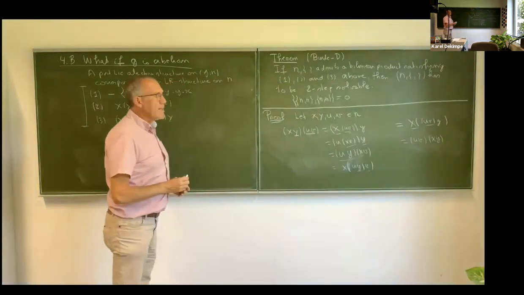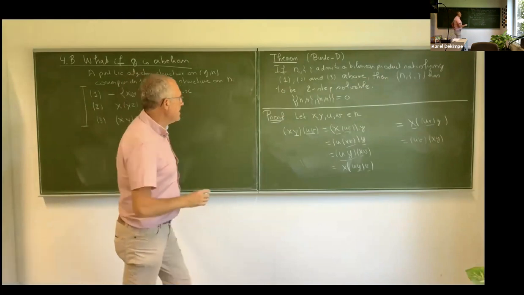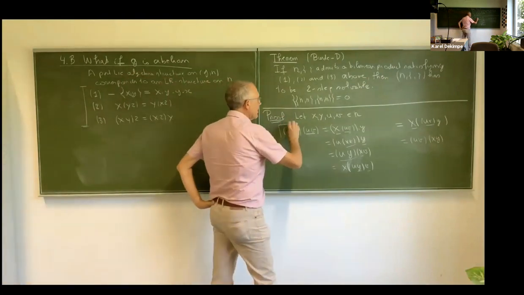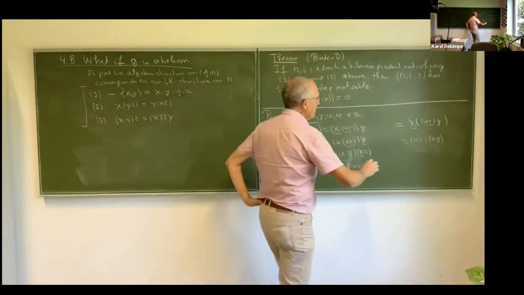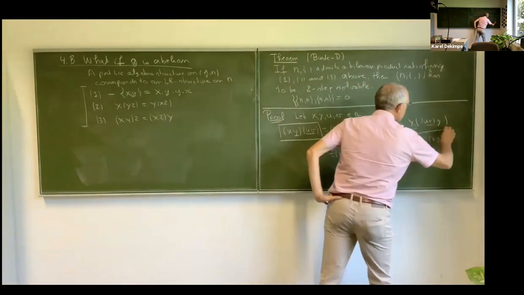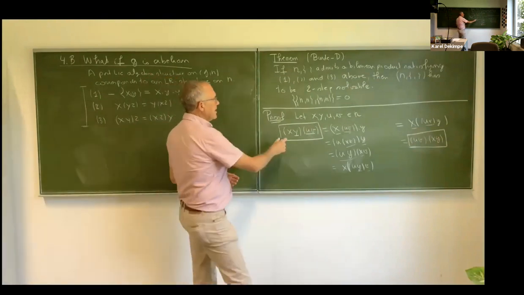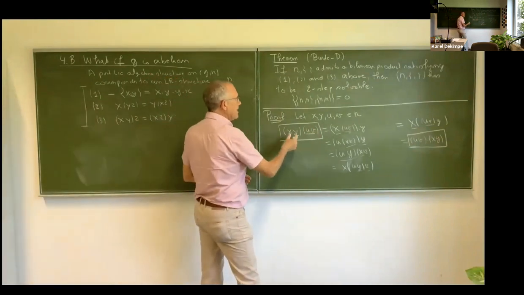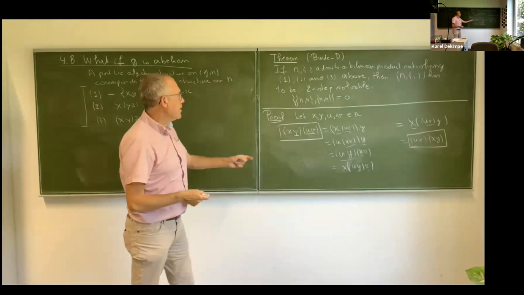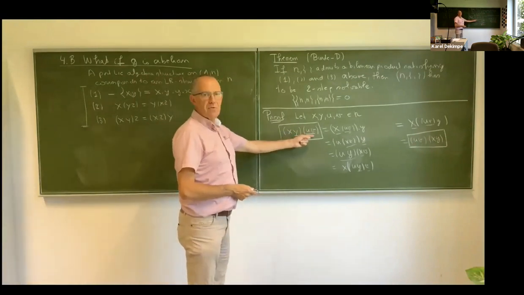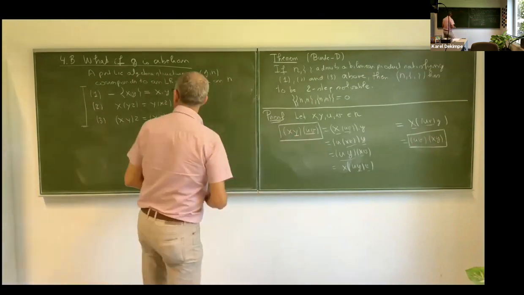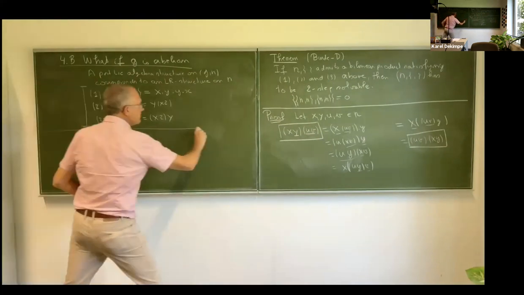And now what is the fun thing that happened is that if you look at this part, this is equal to this part. So I have xy times uv is the same as uv times xy. So the product of two elements commute with the product of two elements. So conclusion over here.